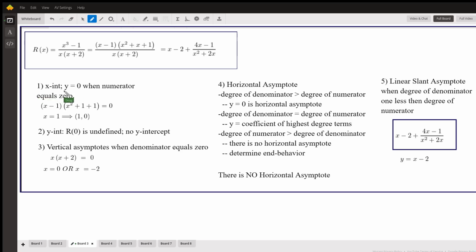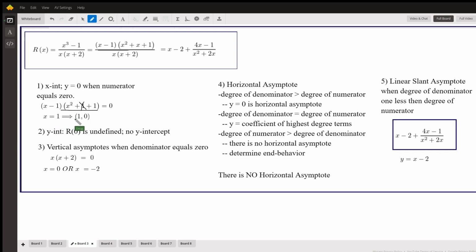The x-intercept is found when y equals 0, and y equals 0 when the numerator equals 0. So here's the numerator. You can look at either one of these. This should be an x here. This will never equal 0 unless we're talking about imaginary numbers.